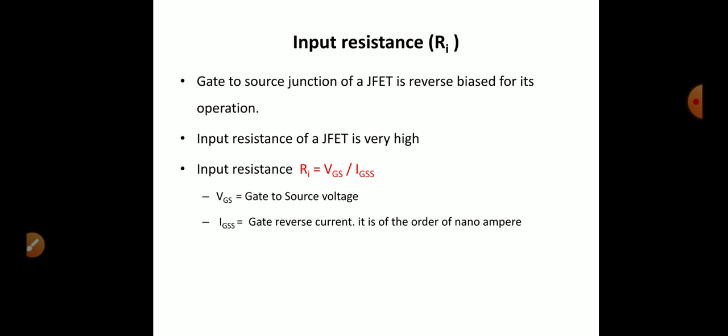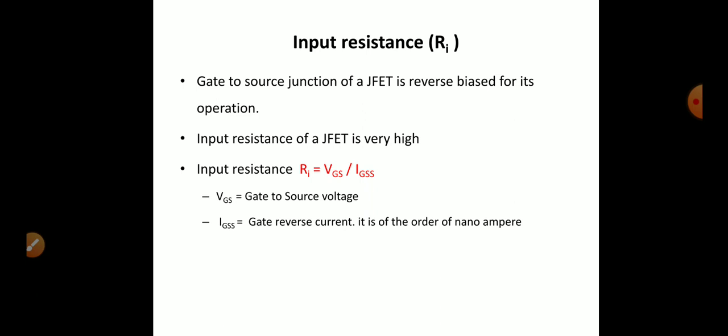Next one is input resistance, R subscript i. Gate to source junction of a JFET is reverse biased for its operation. We know that for the normal operation of a JFET, the input junction must be reverse biased. Here we are giving input to the gate to source terminal, so the gate to source junction of a JFET must be reverse biased.